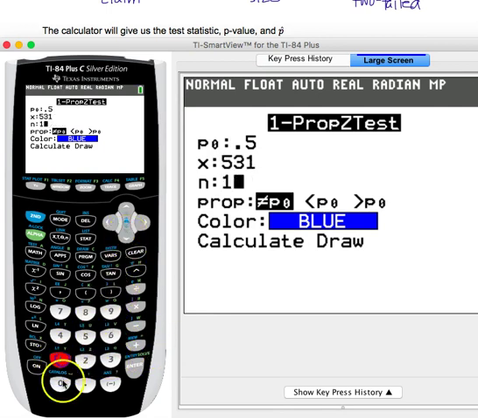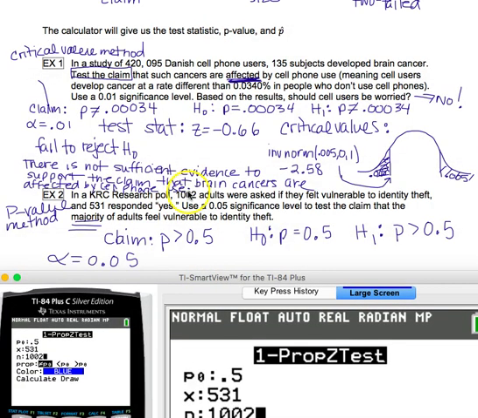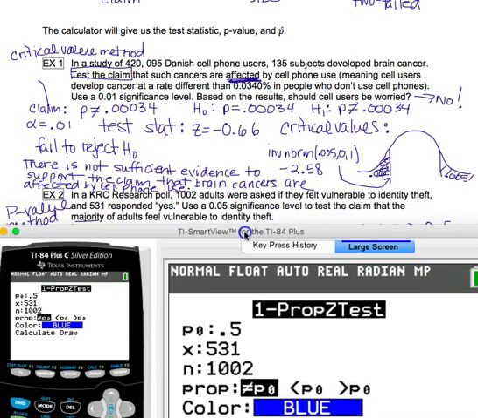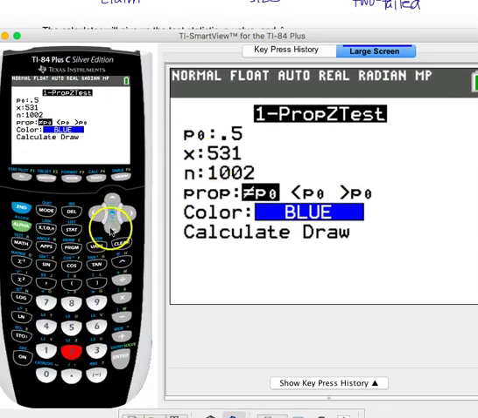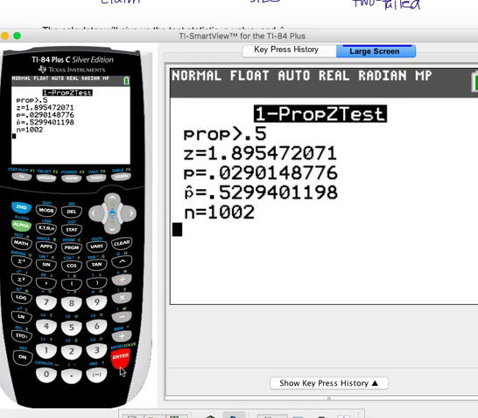My n value was 1002. So again, just pulling these numbers straight from the values in the problem. So this one, we've got a right-tailed test because we're greater than. Scroll down to calculate. And that gives us our value.